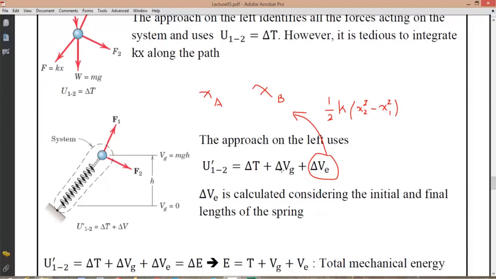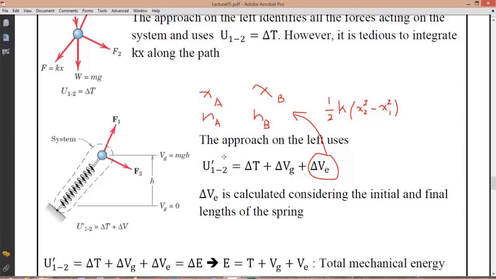A similar thing can be done for the gravitational part. For gravitational potential energy, the initial condition and final condition could be written out as HA and HB, and then we can do the calculation for the change in the potential energy due to the gravitational forces.